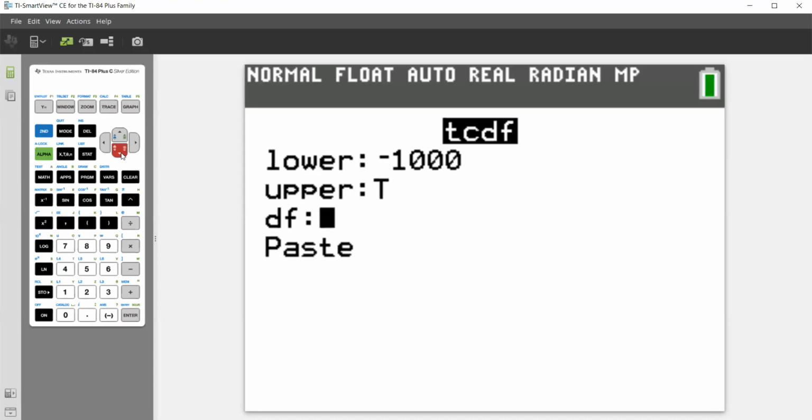Now, degrees of freedom, what am I going to enter for that? Sample size is 12. There's 12 numbers. What am I going to enter for degrees of freedom? All right, you guys have a lot of studying to do. 11. It's sample size minus 1.